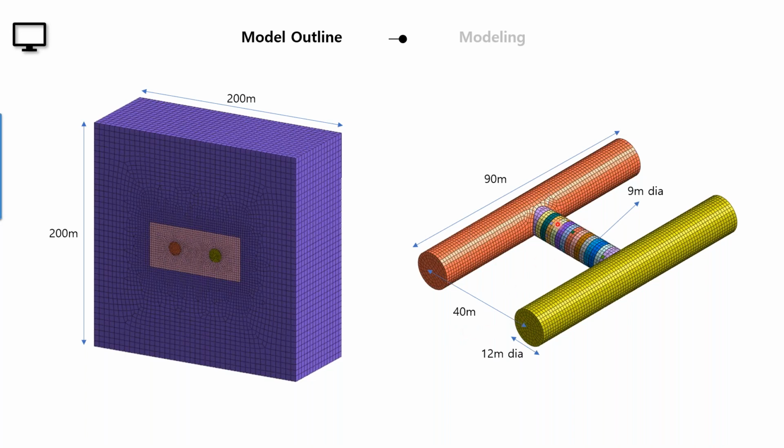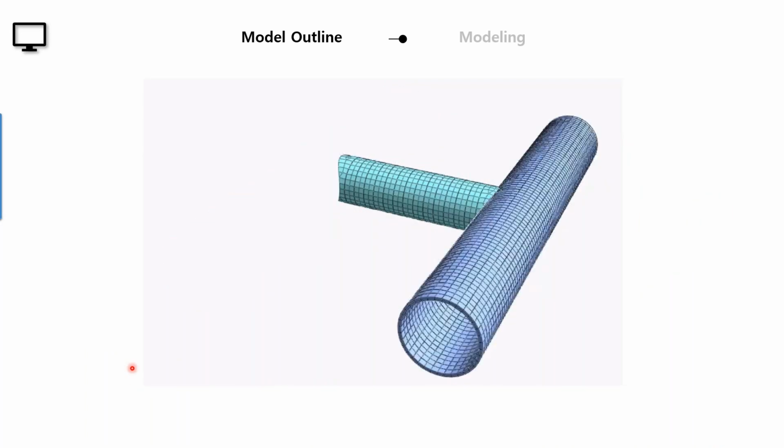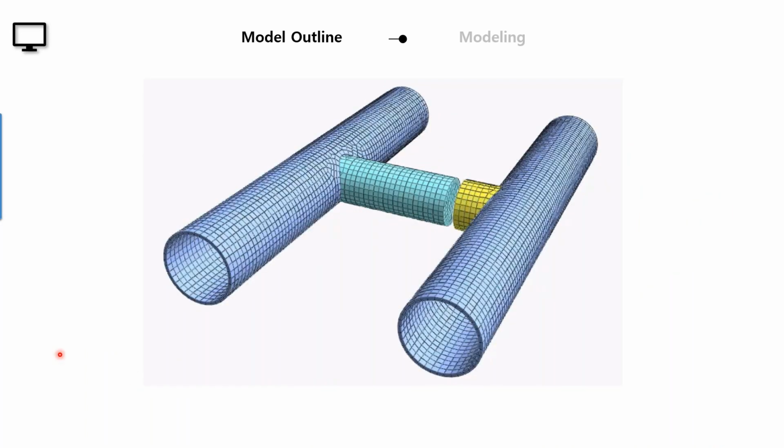And then this cross passage will be excavated via NATM. So we will be relaxing it by 80%, and then after 80% relaxation is done, we will go for the application of the tunnel lining. So that's how it is going to proceed. And this is the construction sequence.